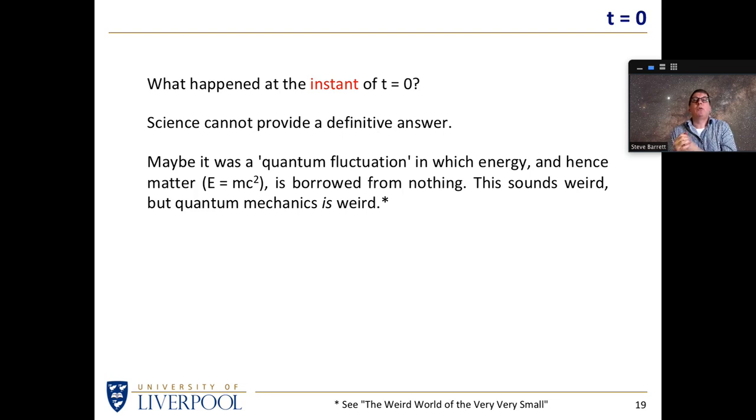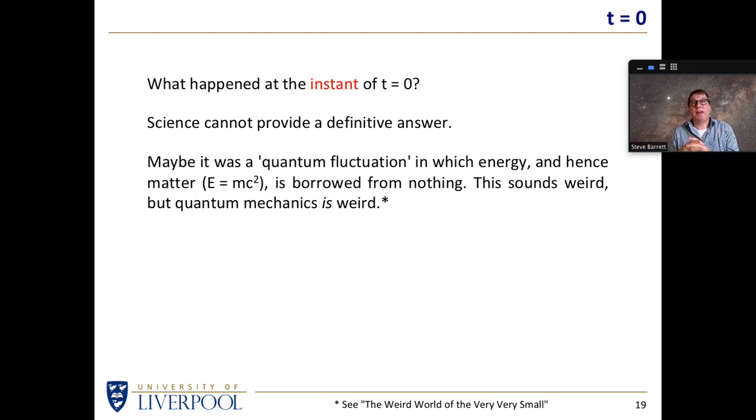Perhaps you believed what you were taught at school when you were told that energy can be transformed from one thing, one type of energy, to another type of energy, but you can never create it and you can never destroy it. Well, you can say that's sort of true, but you can borrow it from nothing. You don't have to take that energy from somewhere else. Yes, that sounds really weird, and it sounds like a cheat.